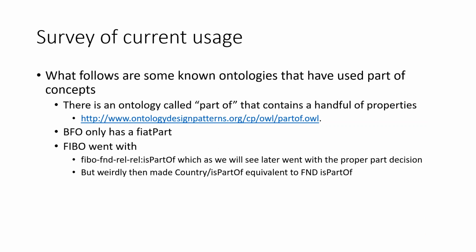Then I went out to find a few ontologies that use partOf and see what they had to say about it. Turns out there is an ontology that's literally called partOf, and it just has a handful of properties and a few annotations. Nothing terribly surprising in there. BFO, the Basic Formal Ontology, has something they call fiat part.